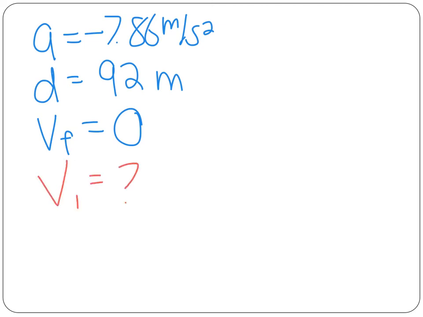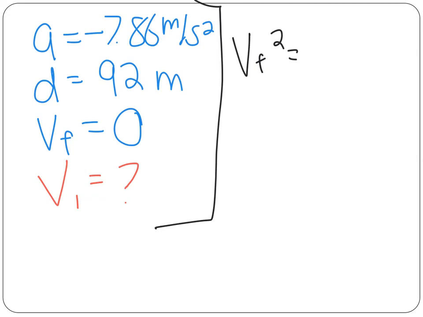I'm trying to figure out how fast I was going, was I speeding? So I know my acceleration, my distance, and my final velocity. I'm looking for my initial velocity. So we'll use our equation VF squared equals 2AD plus V0 squared.